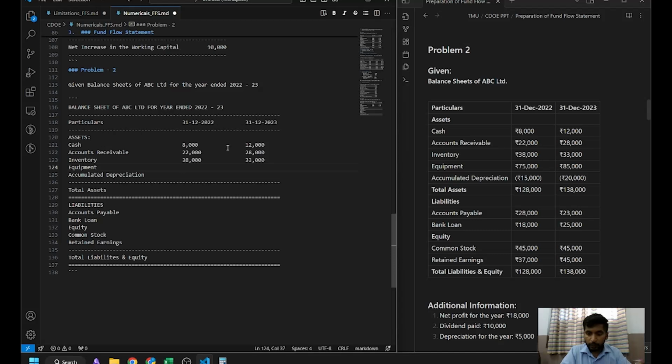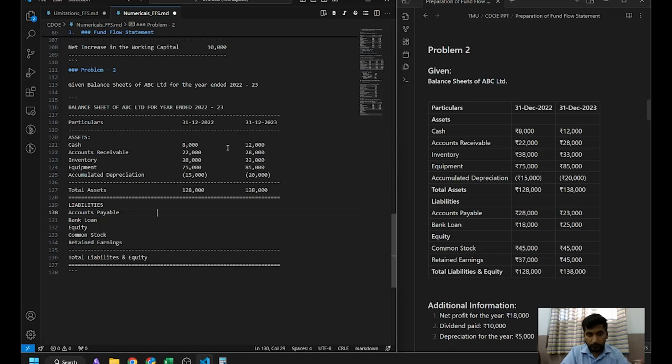Equipment for the year 2022 is 75,000, and for the year 2023 is 85,000. Accumulated depreciation amounts to rupees 15,000. And here the accumulated depreciation amounts to rupees 20,000. Making our total assets 1,28,000 for the year 2022 and 1,38,000 for the year 2023.